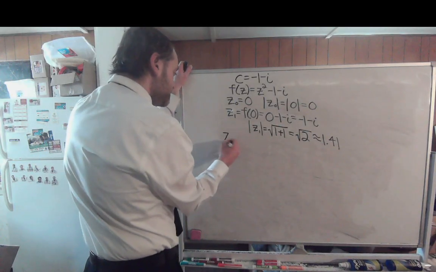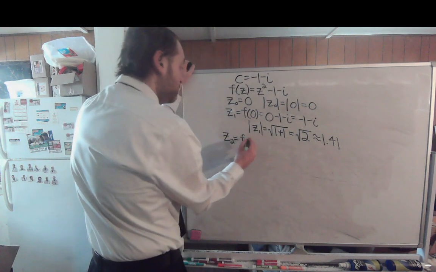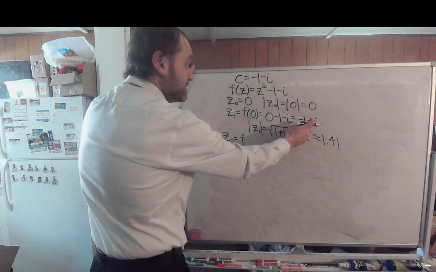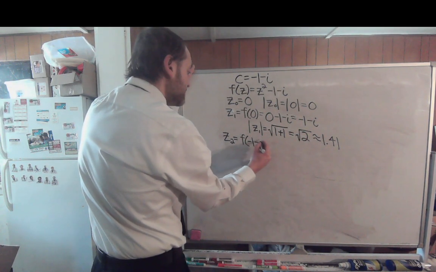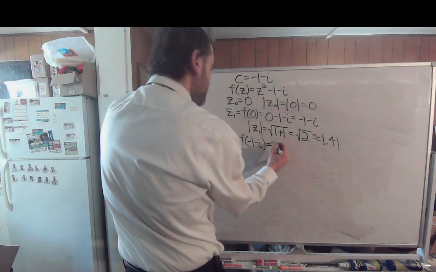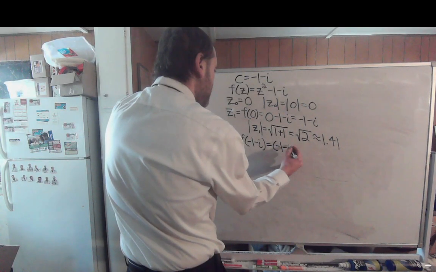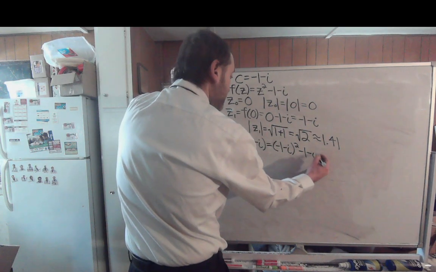Now to find your z sub 2, you're going to put in f of z sub 1. Well, z sub 1 was negative 1 minus i. So you'll take negative 1 minus i for your f value. So that'll be negative 1 minus i raised to the second power minus 1 minus i.